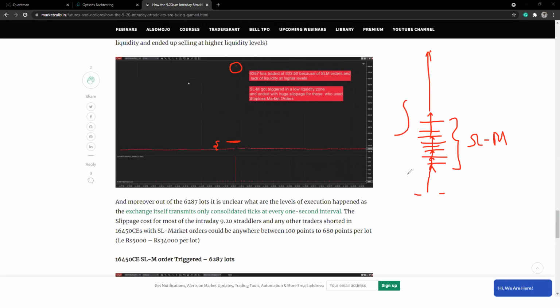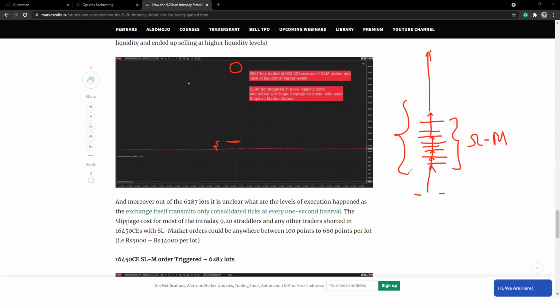Since there is no liquidity on such kind of counters, particularly in options, some of the Nifty options have very little liquidity. So if SLM orders get triggered, one stop loss order could trigger another, and that could create an instant spike.